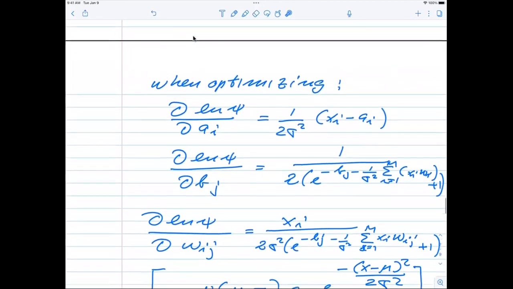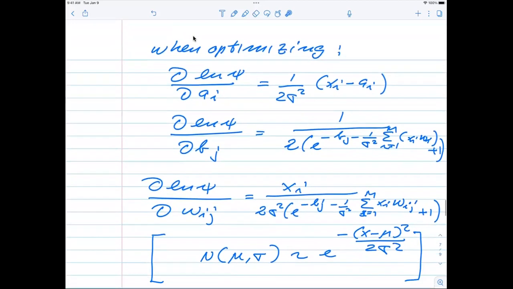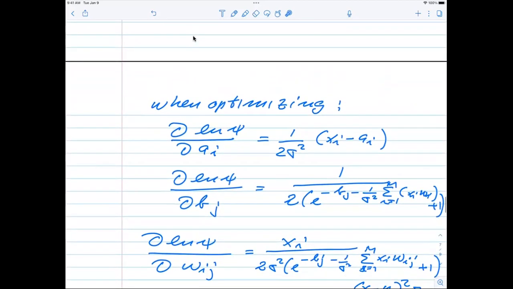Now, the thing which you see immediately here is that if you change the trial wave function, you would have to find different expressions for these derivatives. So if you change to, let's say, an exponential and binary, so you have a continuous visible layer, we want to have that because we know that the wave function takes a continuous set of variables x. So we would like to have a continuous distribution for the input variables, but we can still stay with a binary approximation for the hidden layer, so that the neurons in the hidden layer fire and have a value 1, and if not, they do not do anything.